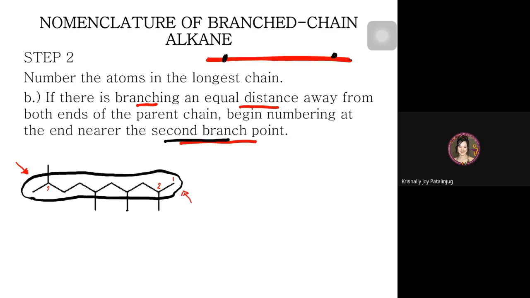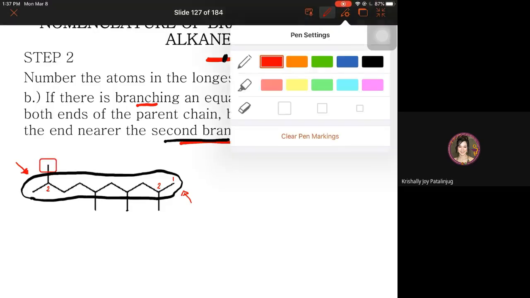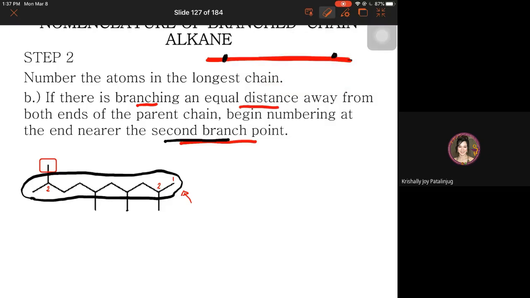Okay, second branch. Saan naman mas malapit yung pangalawang branch? Is it on the left end or is it on the right end? Okay, so very good. So in this case, in this given example, we will start numbering on the right end. Okay, so dito. Okay, so we start here.